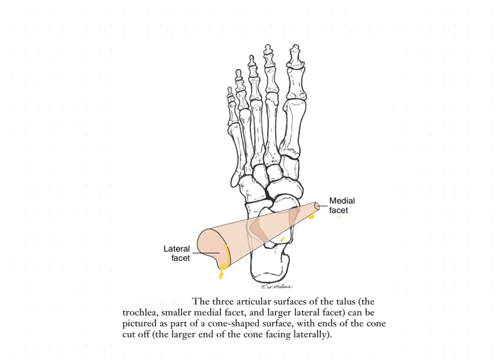Okay, the greater arc of motion for the fibular malleolus than for the tibial malleolus results in superior-inferior motion and medial-lateral rotation of the fibula, which requires mobility of the fibula at both the proximal and distal tibiofibular joints. So any changes in the proximal tibiofibular joint also show some changes in the distal tibiofibular joint.